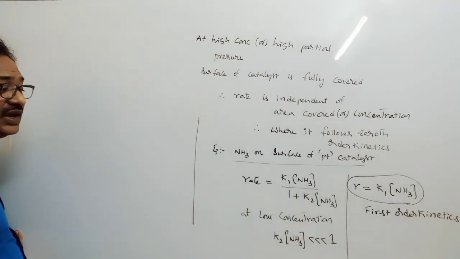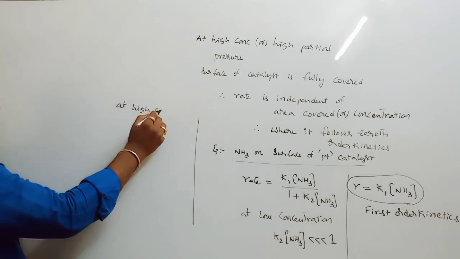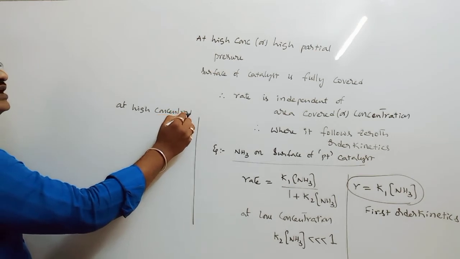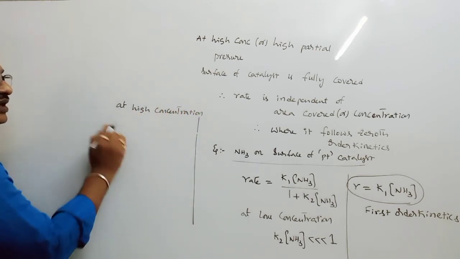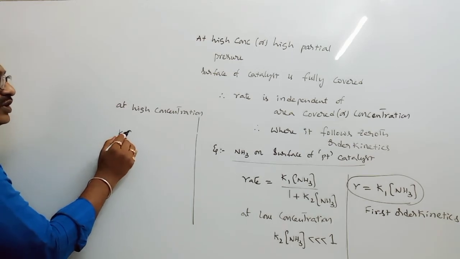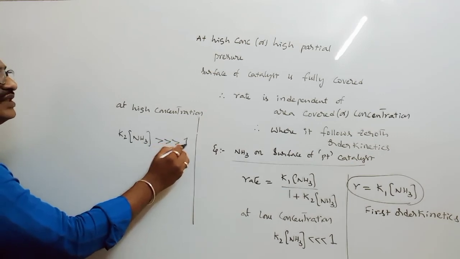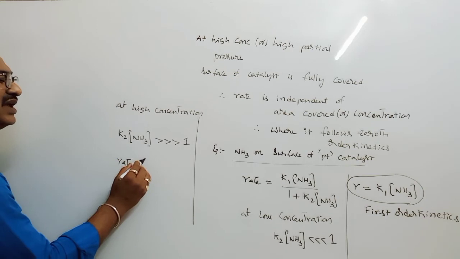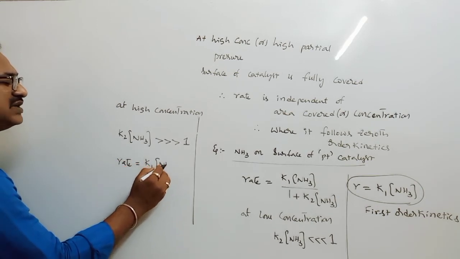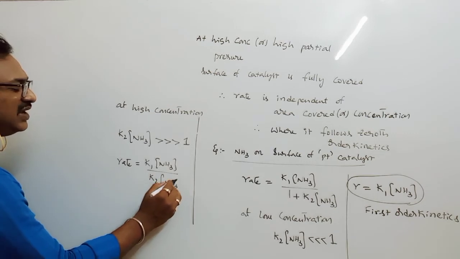Now at high concentration, K2 into concentration of NH3 will be very much greater than 1, so we neglect the 1. Then rate is equal to K1 into concentration of NH3 divided by K2 into concentration of NH3.